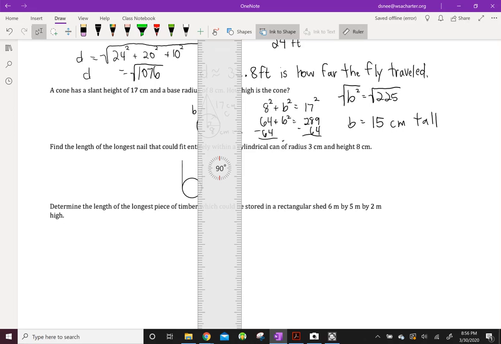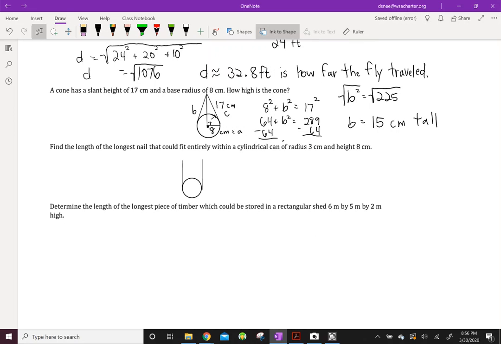And then I draw another circle. That's ugly. Let's see what I can do here.